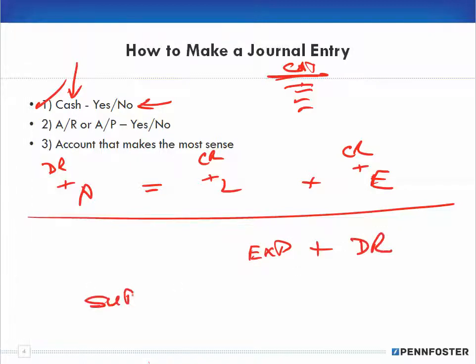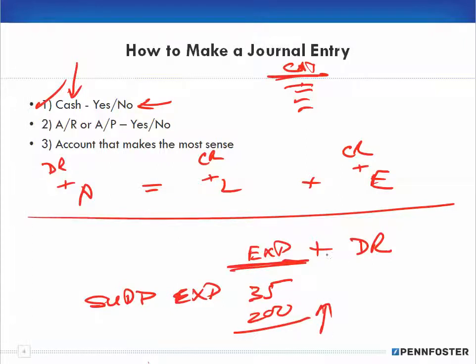If I have supplies expense, and before that the balance in that account, say, is $35, and now I add the $200 more to it, obviously I'm increasing my supplies expense. The normal balance of an expense is a debit, and if it's a debit, that means I'm increasing it. My supplies expense went from $35 to $235, so it was increasing.